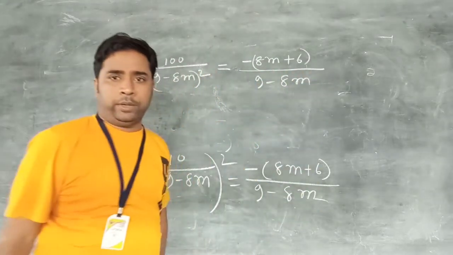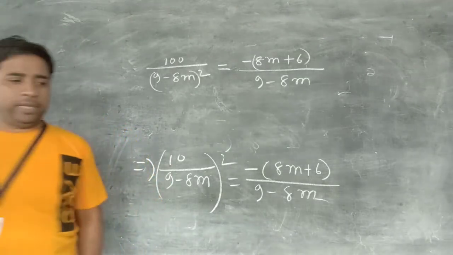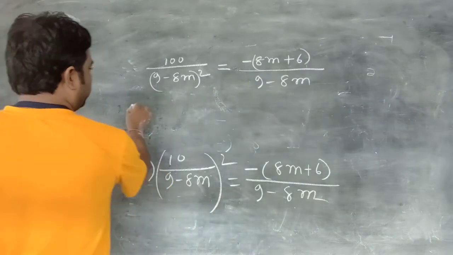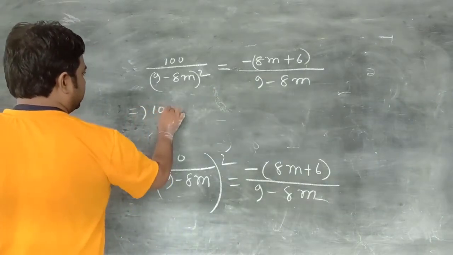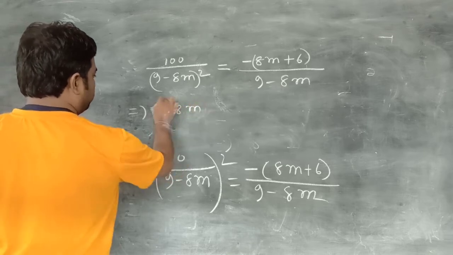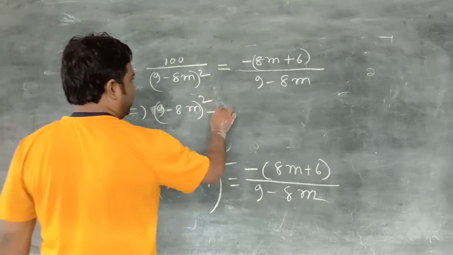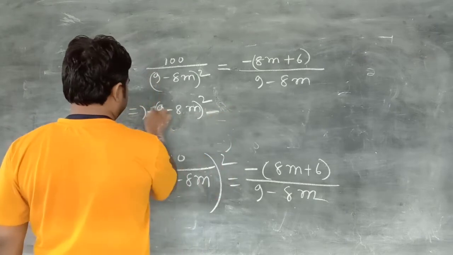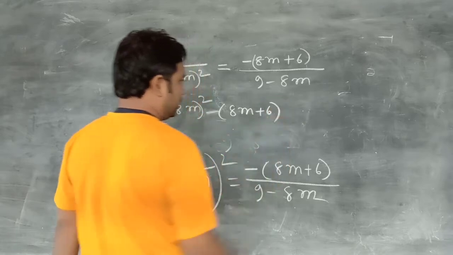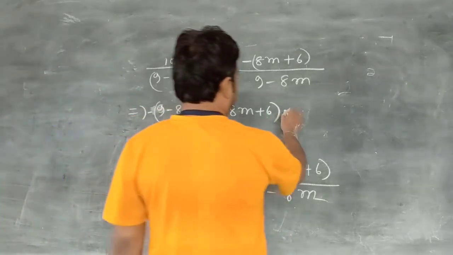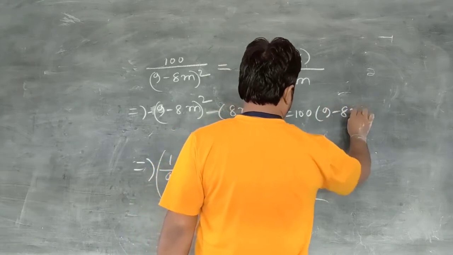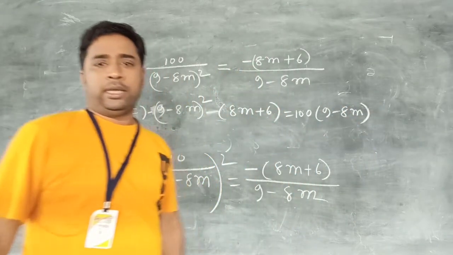If we cross multiply it, what we shall get? This is 100 into 9 minus 8m, 9 minus 8m whole square into 8m plus 6. Okay, and this is equal to 100 into 9 minus 8m.